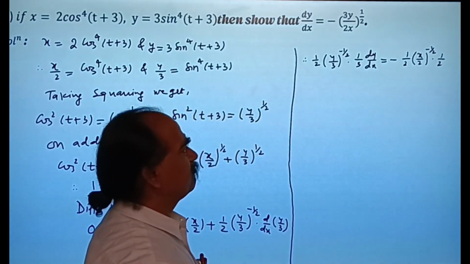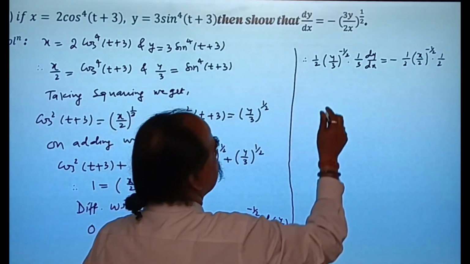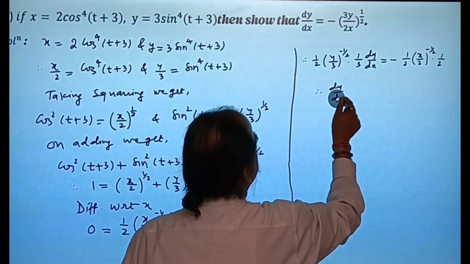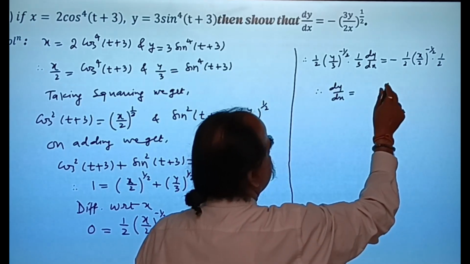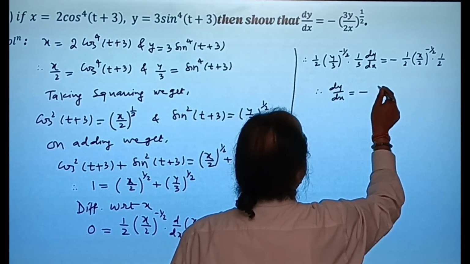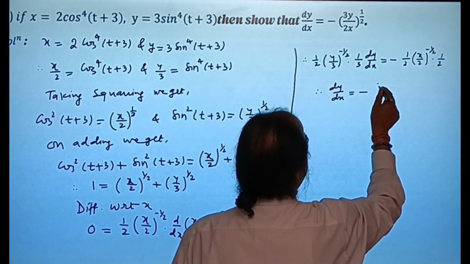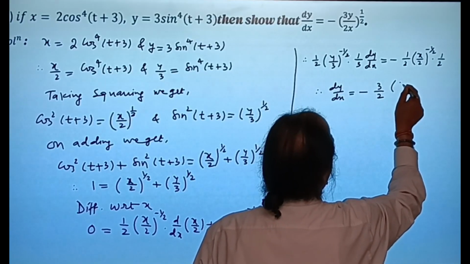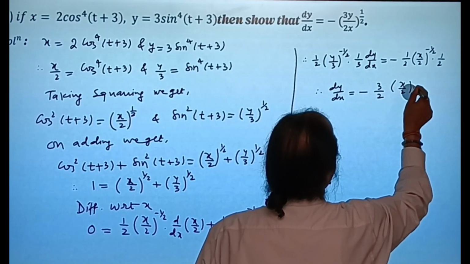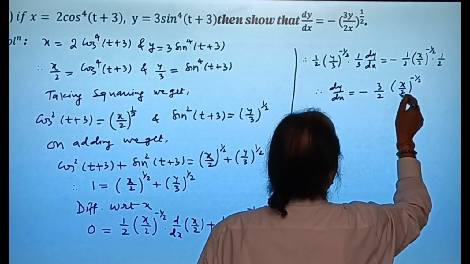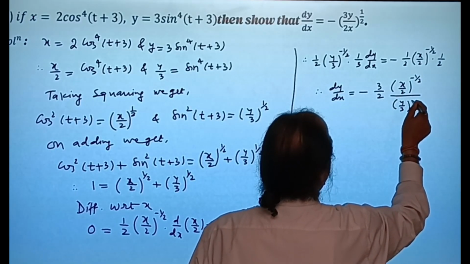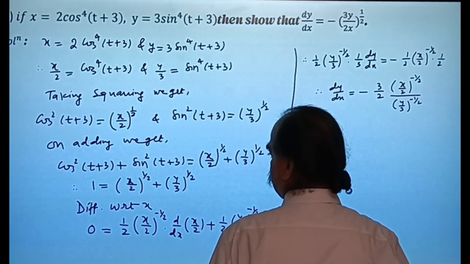Now from both the sides 1 by 2 will get cancelled. So dy by dx is minus 3 by 2 into x upon 2 raised to minus half upon 1 by 3 raised to minus half.